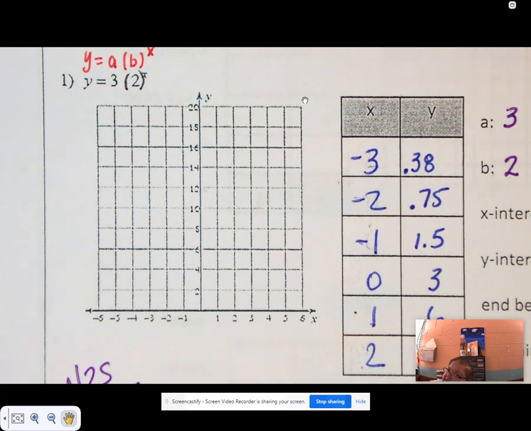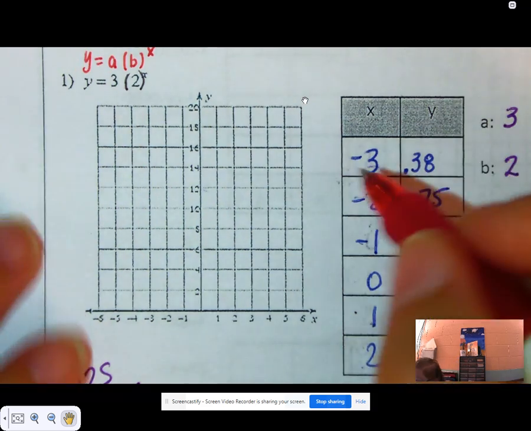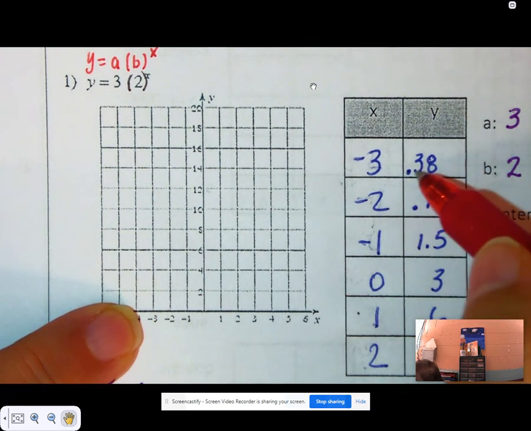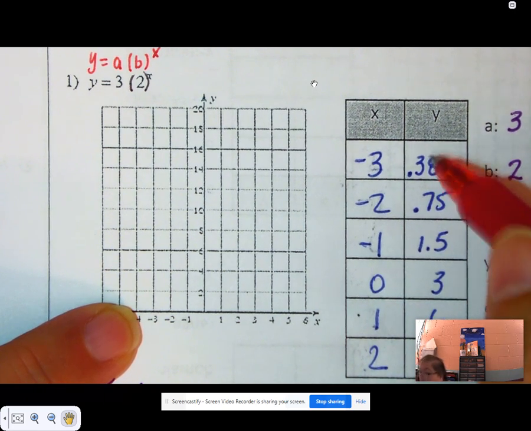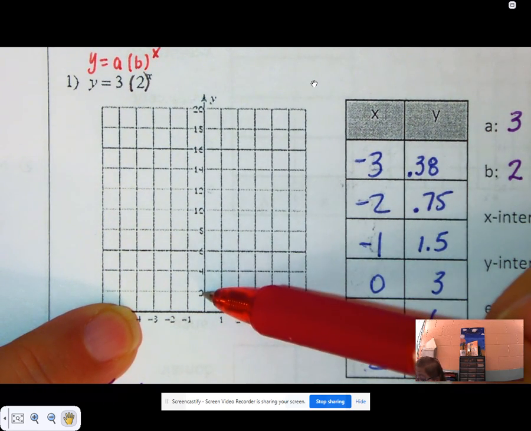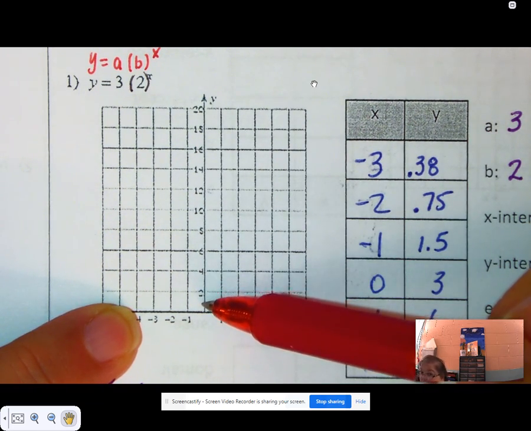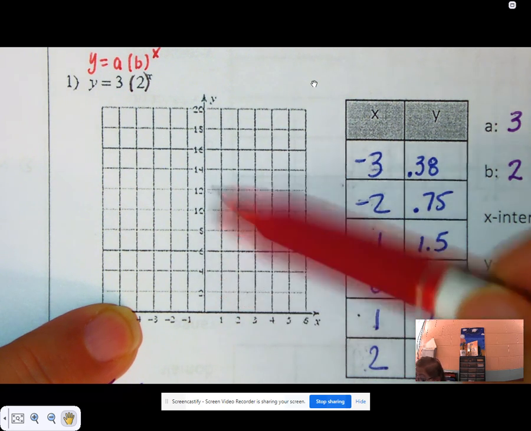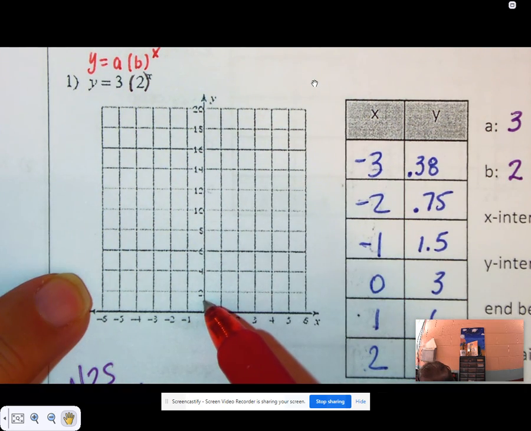I want to say that ahead of time because when you're graphing the decimals, I'm not real particular about that. Get them kind of in the right place, but they don't have to be exact. So, for instance, I'm going to go to -3 and then it's 0.38. Notice how the y-axis is counting by 2s. So this is 1 here.